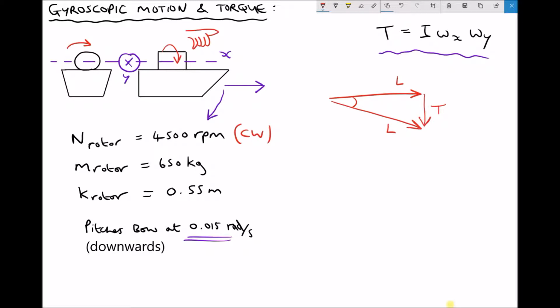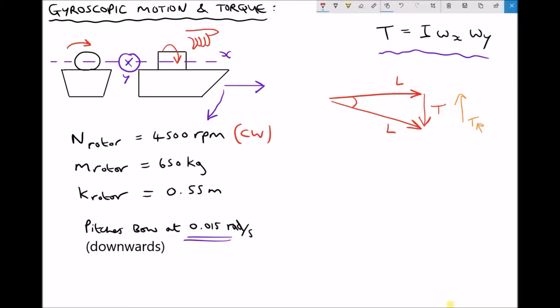But it's important to note at this stage that the torque we're interested in is the gyroscopic torque that's going to have an impact on the boat as a whole. Now the gyroscopic reaction torque actually opposes the torque that created the change in the angular momentum vector. So our gyroscopic reaction torque actually acts in this direction, T subscript R.